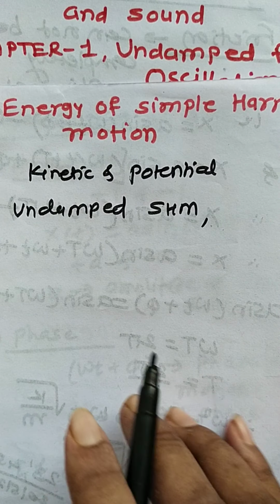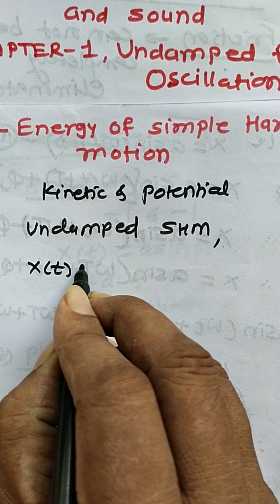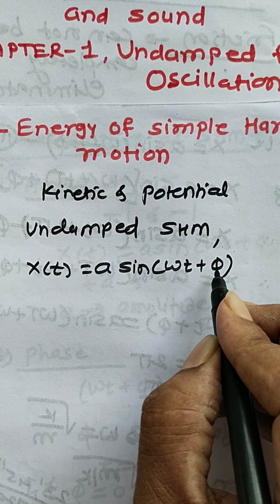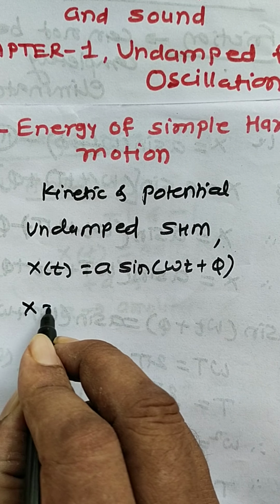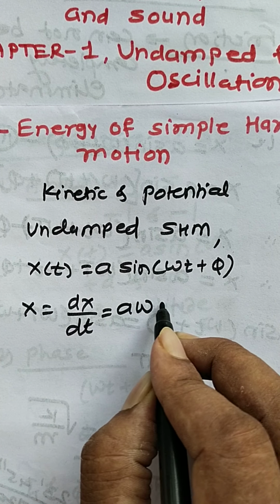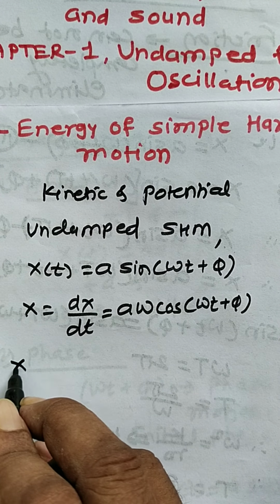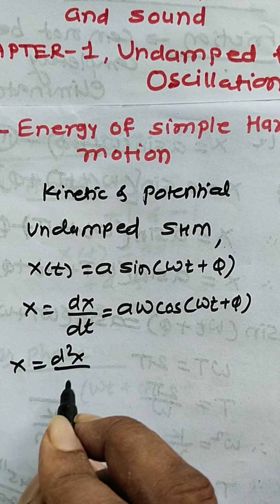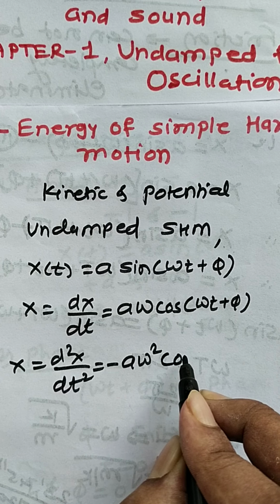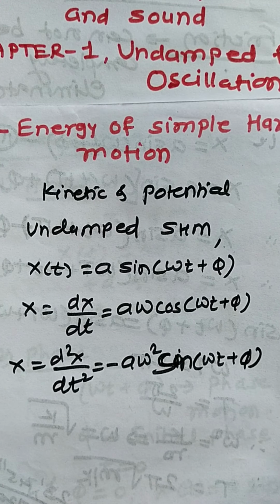We have the displacement x(t) = a sin(ωt + φ), then the velocity dx/dt = aω cos(ωt + φ), and the acceleration d²x/dt² = −aω² sin(ωt + φ).